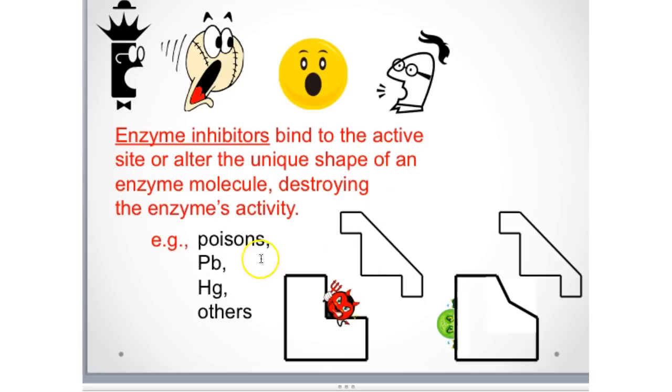So for example, poisons, lead, mercury, these are enzyme inhibitors that tend to block the formation of products. So that's why these substances tend to be dangerous to our bodies, because they block very important cellular activity that occurs in the body. And that's basically the end of this lecture. So go ahead and start your problem set, and you should be set.